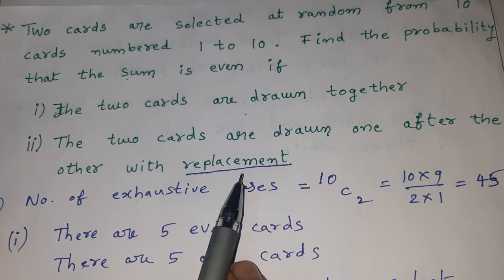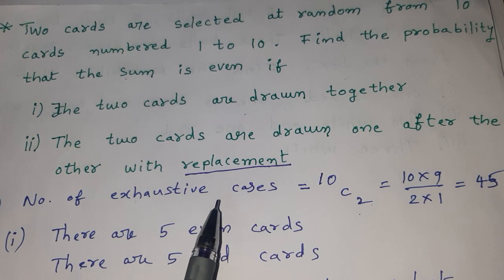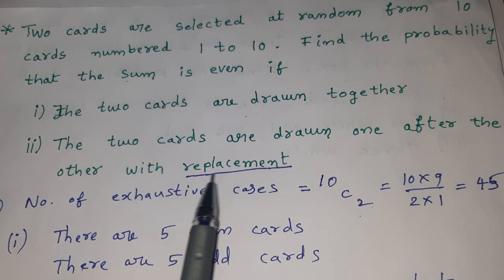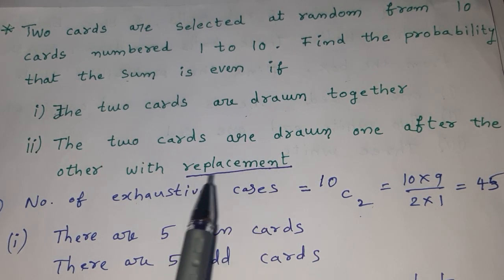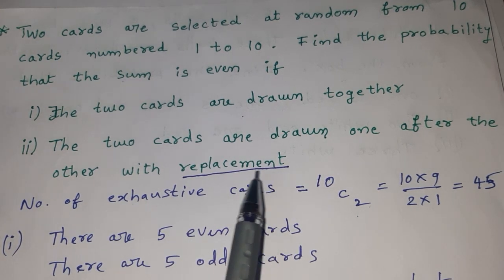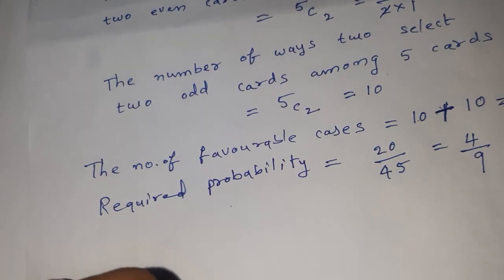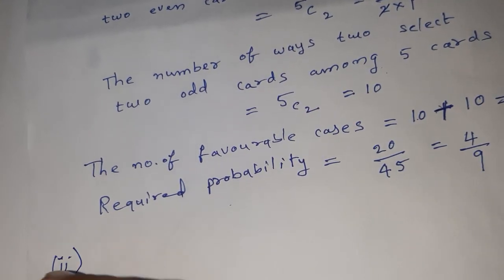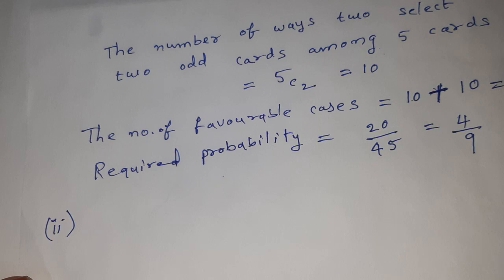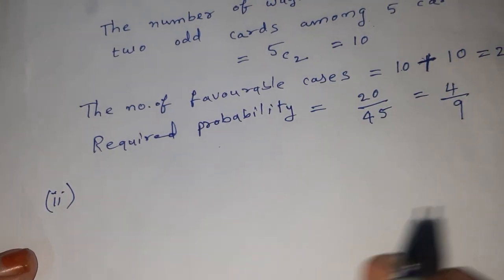For the second problem, the number of exhaustive cases is different because here we are using replacement. We have to draw with replacement. Replacement means, for example, let us find out the number of exhaustive cases with replacement.